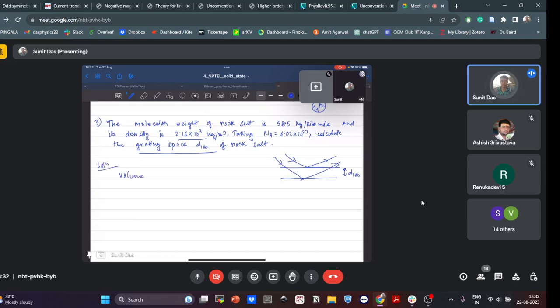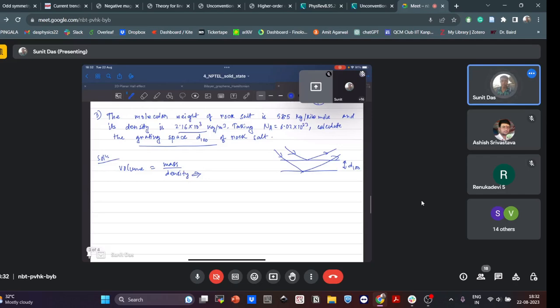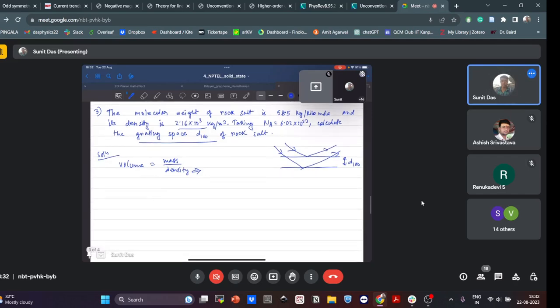Volume is mass by density. Density is directly given. Now mass we need to find, using the molecular weight and the Avogadro number.